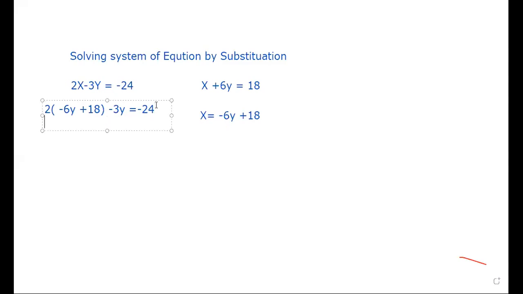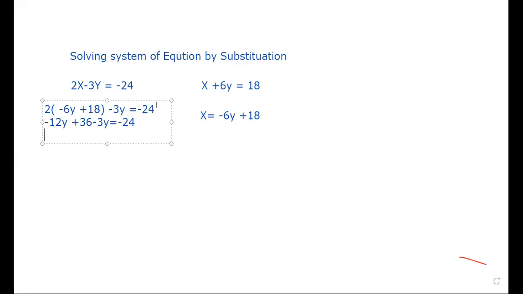After that, we will start to distribute. So it will be what? Tell me, grade 8. It will be negative 12y plus 36 minus 3y equals negative 24. What do we have to do next? We will add all the like terms.